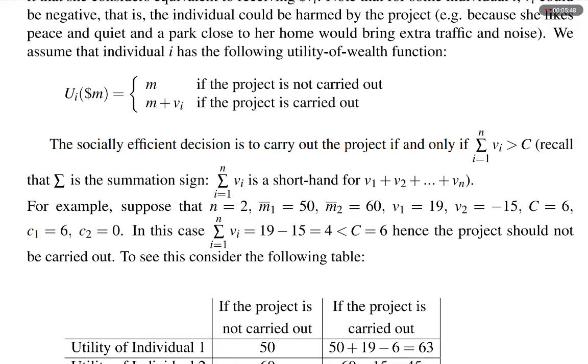In this case, the sum of V_i from i equals 1 to n equals 19 minus 15 equals 4, which is less than C equals 6. Hence, the project should not be carried out. To see this, consider the following table.